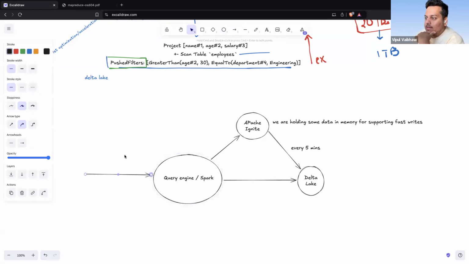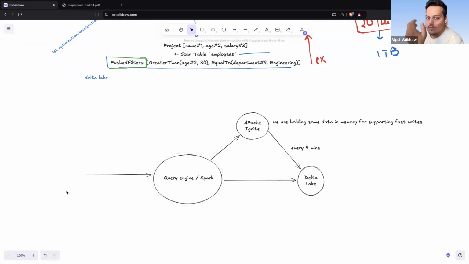Now Spark and the user are oblivious to all of these things. The user just has a playground from where he can fire the query. Why would you want to hold data for fast write? Isn't it done for fast reads? If you want to do fast writes, it can be done only in a non-columnar, basically a row-like data structure.